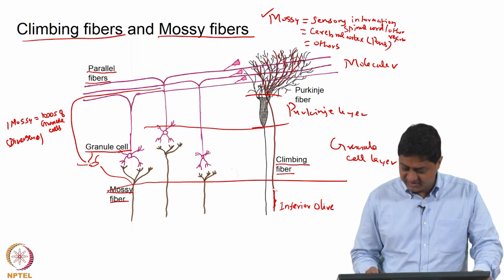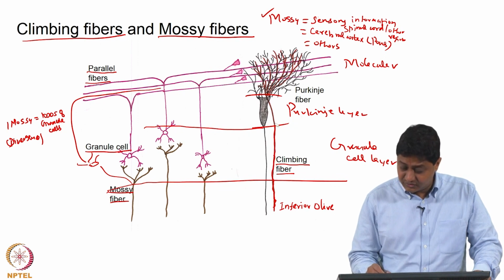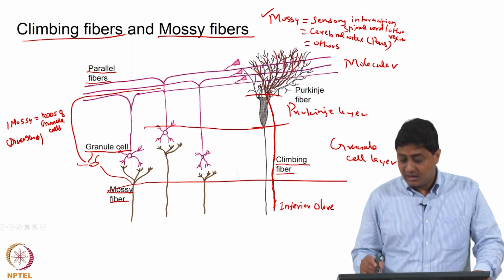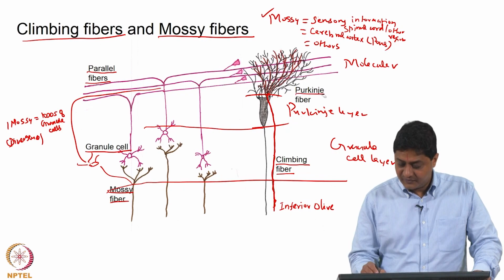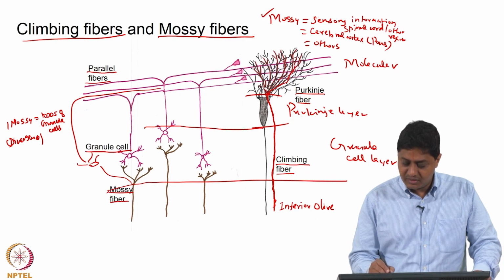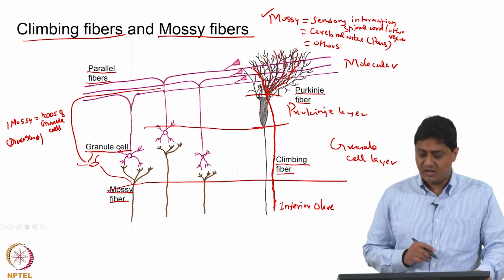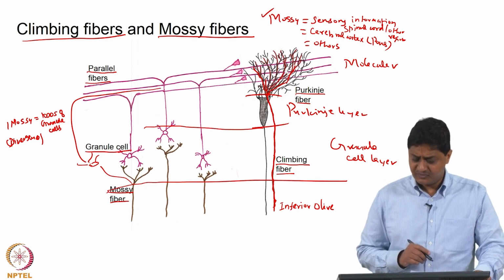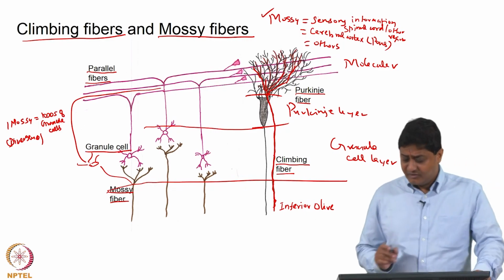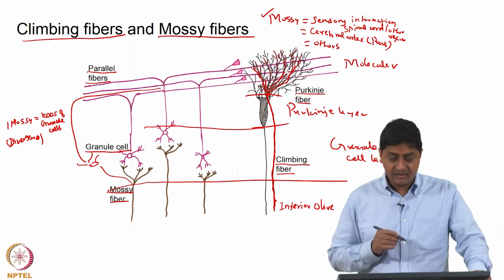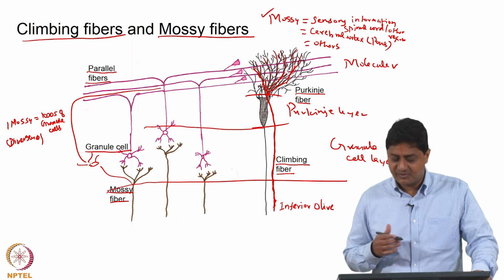They climb through the cerebellar cortex, through the granule cell layer, through the Purkinje cell layer, and directly into the molecular layer where the Purkinje cell dendrites are, and then they make connections with several dendrites of the Purkinje cell, fundamentally different from the way the granule cells, the parallel fiber system, function.